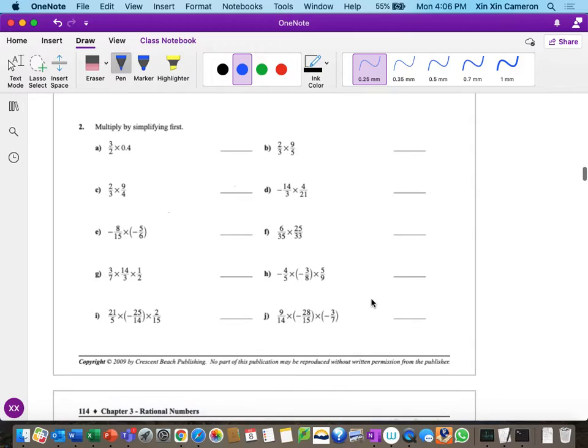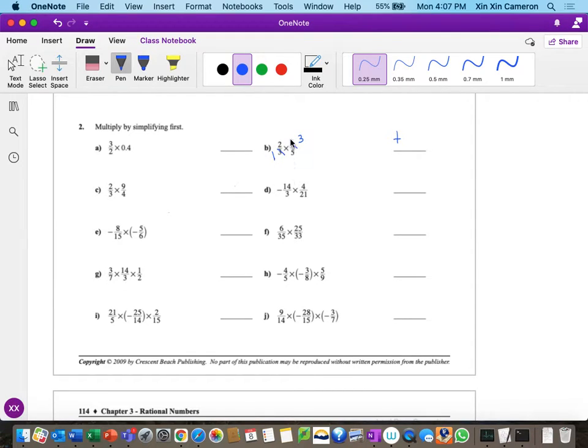Now, next one. Is there anything we can reduce here? Positive, positive, I know that's positive. 2 and 5, there's nothing to be reduced. 3 and 9, common factor 3. 3 divided by 3 is 1. 9 divided by 3 is 3. It's very, very important to cross out these numbers and write the new numbers so you don't get confused.